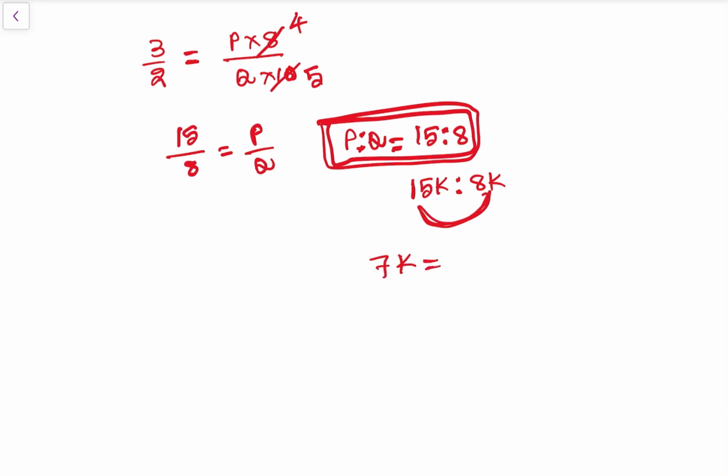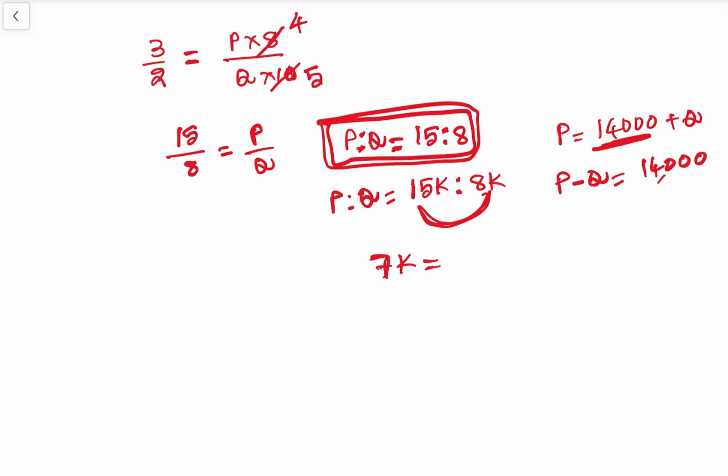P's investment is 14,000 plus Q, so P minus Q is equal to 14,000. So P represents 15K and Q represents 8K, so P minus Q, 7K, is equal to 14,000. Now 7 twos are 14, so K is equal to 2,000.